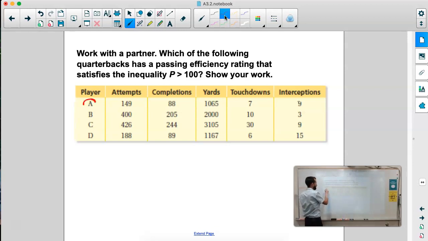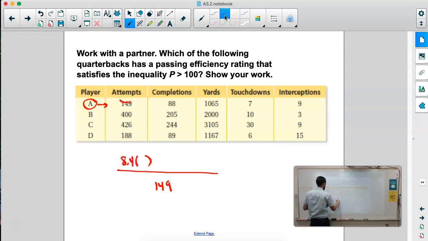So for player A, the number of attempts is 149. Notice that's on the denominator. In the denominator, that's what A is. Completions is 88. That's the C. So I'll write out my equation here. Okay, there's that 88, by the way, right there.